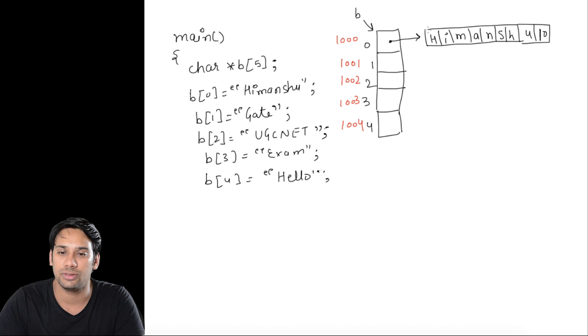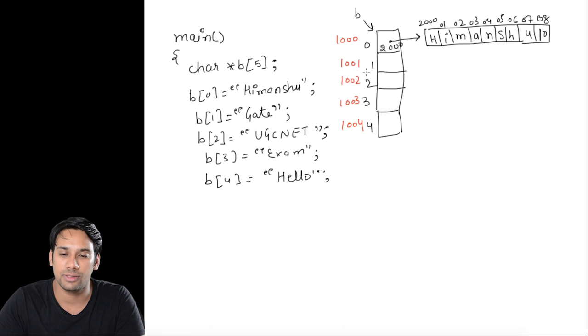Let us suppose its base address is 2000. Then the address of I will be 2001, the address of M will be 2002, the address of A will be 2003, then 2004, 2005, 2006, 2007 and 2008, right? And this index location 0 is storing 2000, correct?